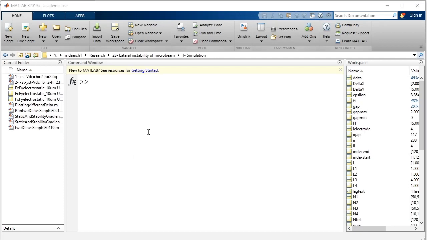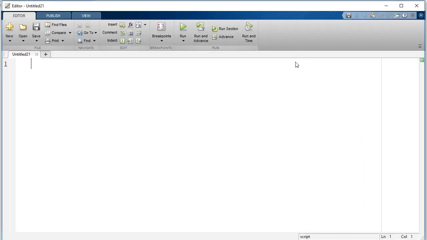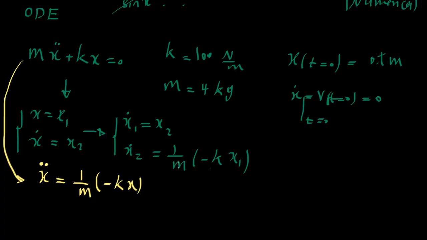I have MATLAB open here, and I'm going to go to the Home tab and open a new script so that I can write the code for that equation. This is the equation again, the one we are trying to write in MATLAB and solve. So let's first introduce these parameters and then write down the function for these two equations.